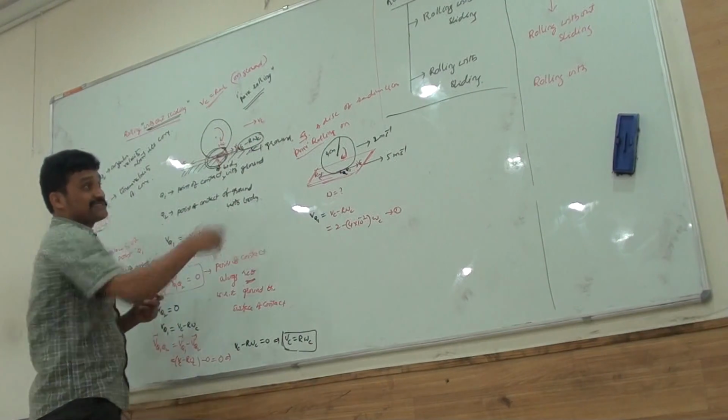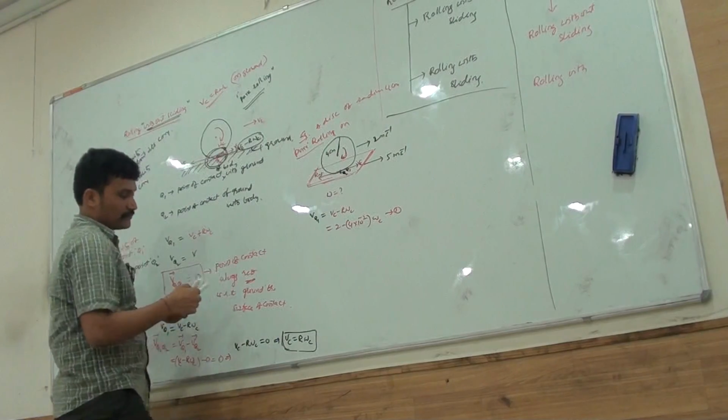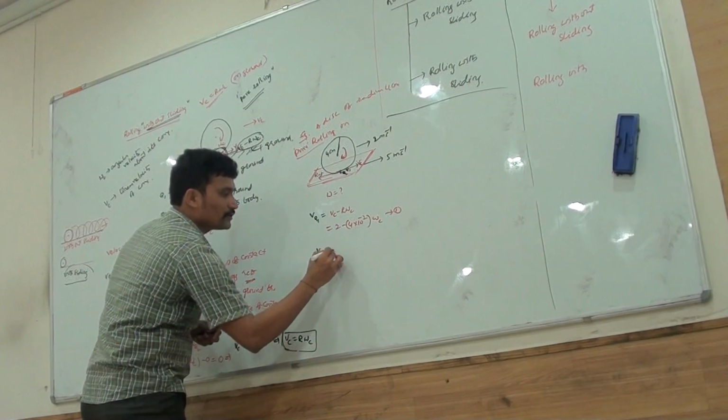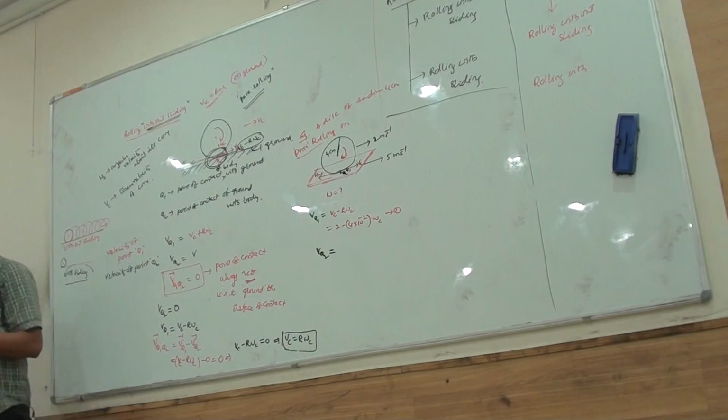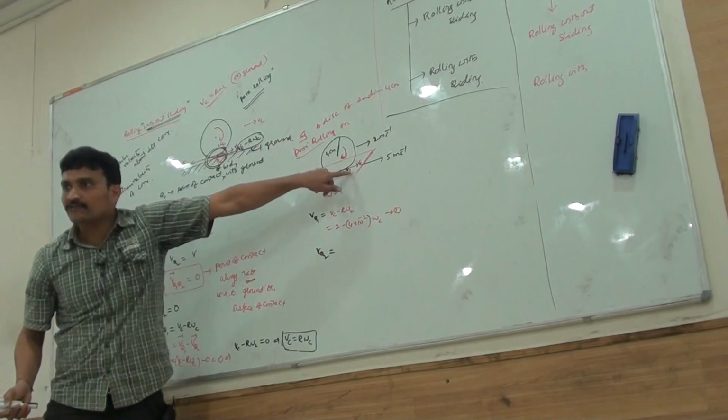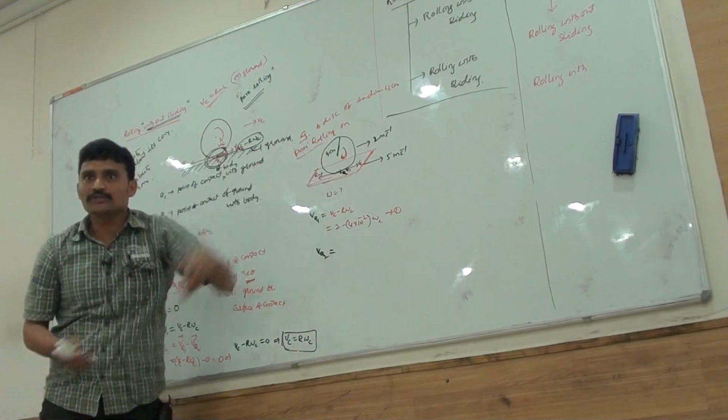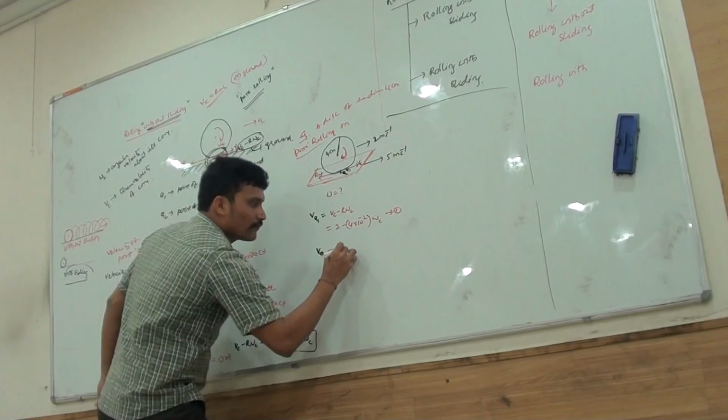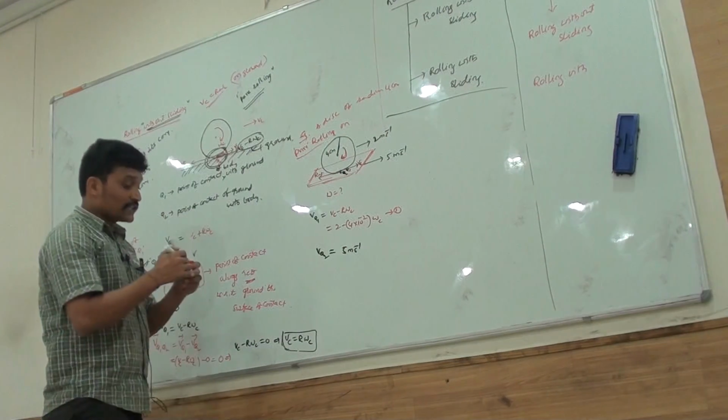Next, the same Q1 is connected to Q2. Tell me, what is the velocity of Q2? Because Q2 is on the platform, the velocity of Q2 is 5 meters per second.